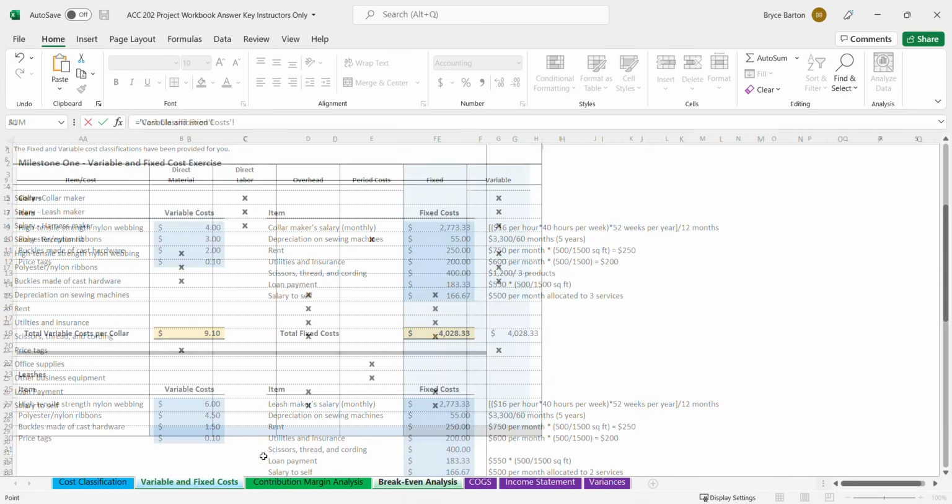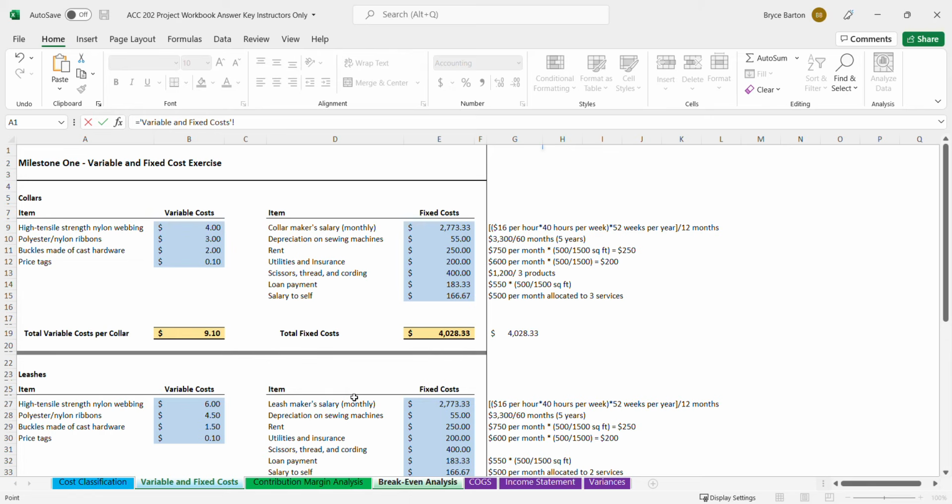The next tab, the next blue tab, these two blue tabs are what you were to turn in for milestone 1. This is where you calculated your variable costs. If you missed one of these numbers, I gave you feedback, highlighted it, and gave you the calculation.